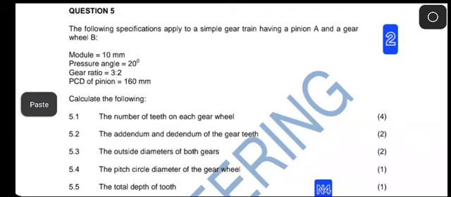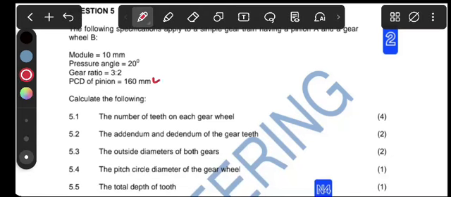Since we've been given the PCD, let us utilize that information in answering this question. We know that PCD is equal to module multiplied by the teeth.